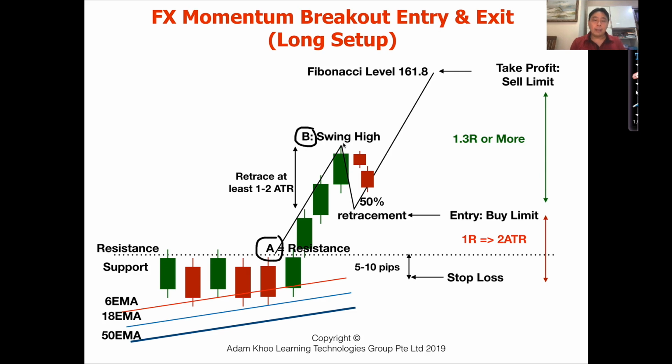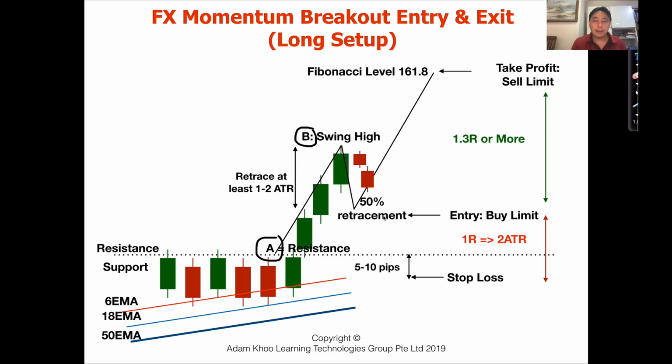Now, we are waiting for a 50% retracement. So we want to wait for at least a 50% retracement before buying into this currency, so that we can catch it as it continues the breakout.